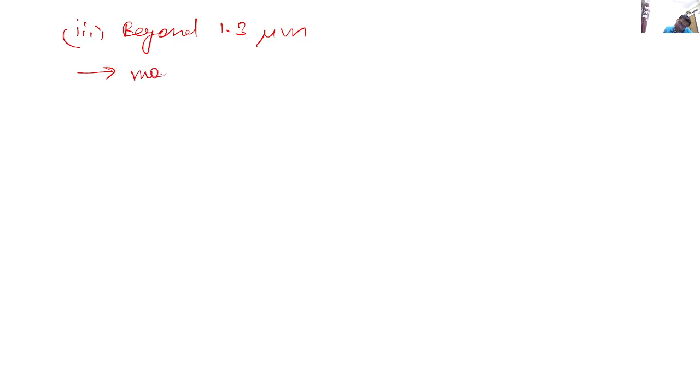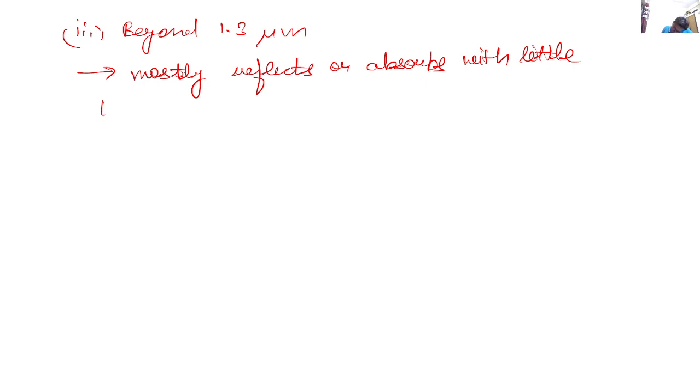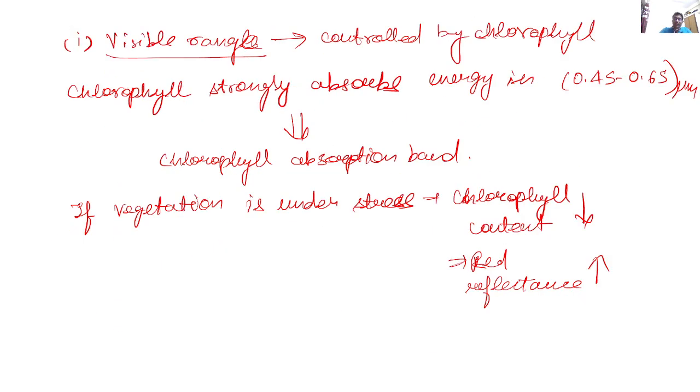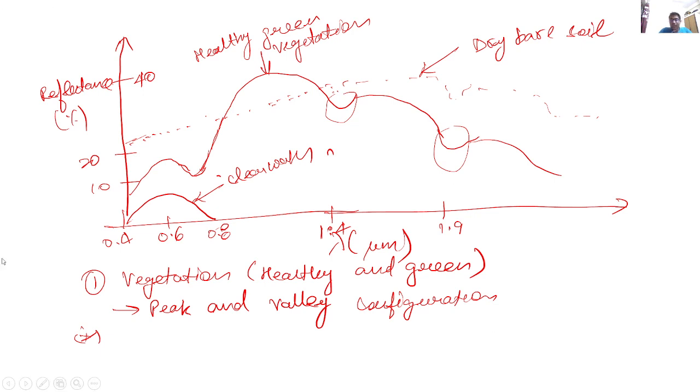It mostly reflects or absorbs radiation with little transmittance. And you also see that there are some dips at some particular wavelengths. So this is the first one, this is the second one, and there would be another one which I have not shown here.